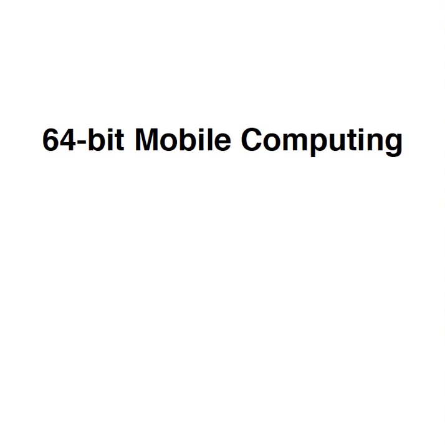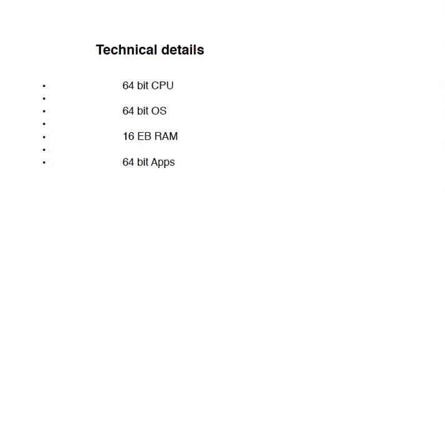So, what does 64-bit computing mean? Faster processing, more memory? Let's jump in and see what it is. Technically, 64-bit computing means a 64-bit processor, a 64-bit OS, and up to 16 exabytes of RAM.